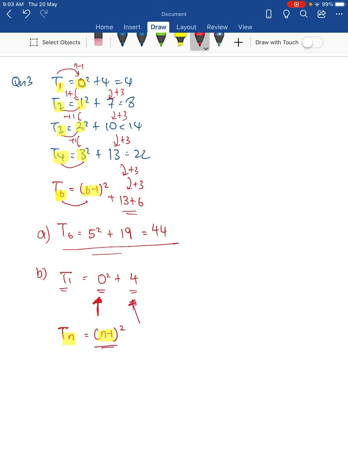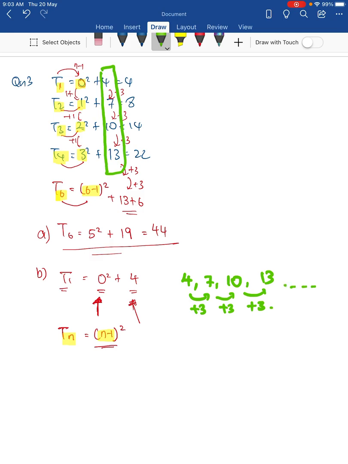How about the second part? Second part is a bit tricky, so I need to do another set at the side. So this, you can see the pattern over here. If I were to highlight, probably use green, the number over here, the sequence is 4 followed by 7 followed by 10 followed by 13. So it's a constant plus 3.